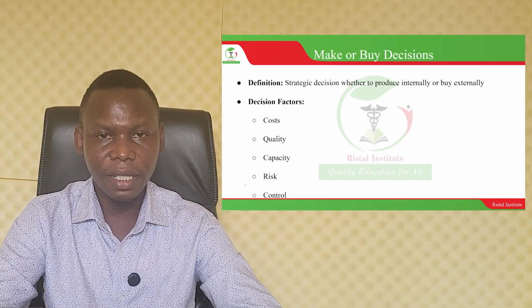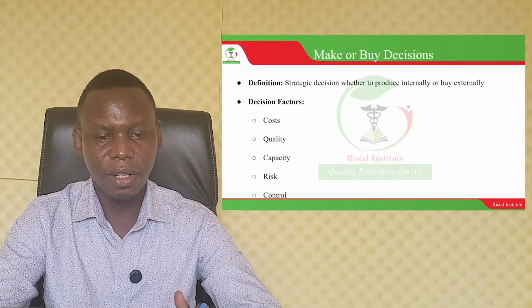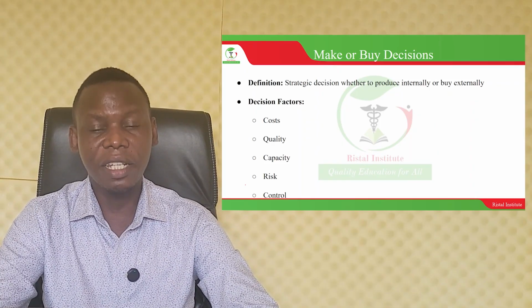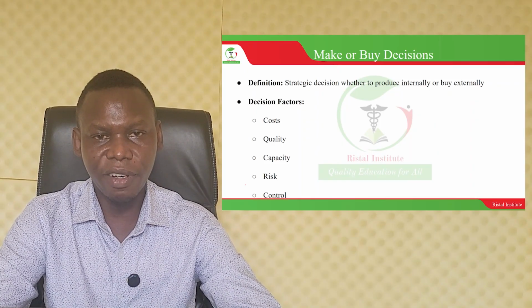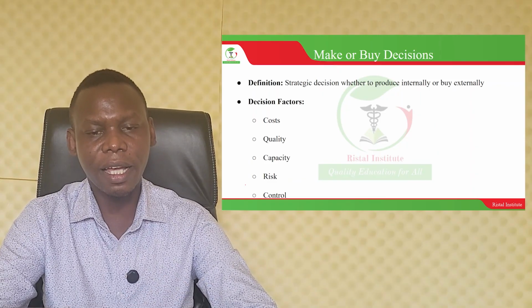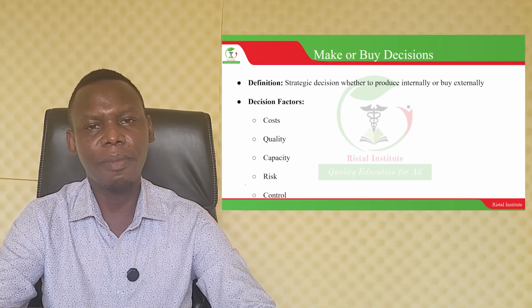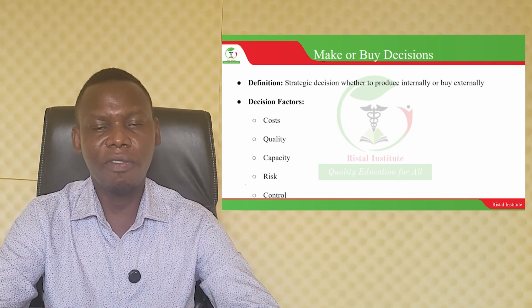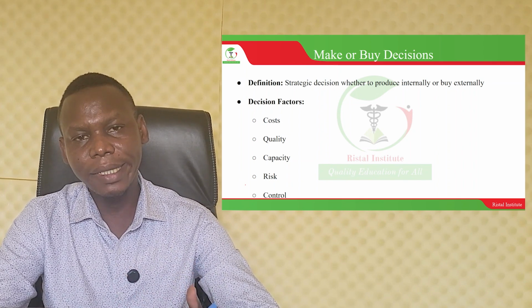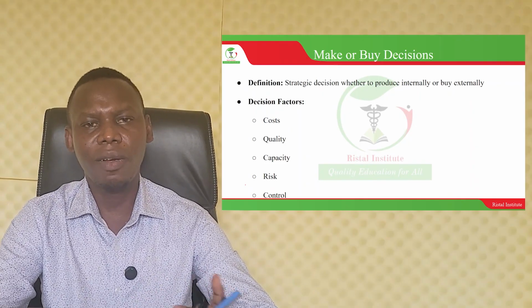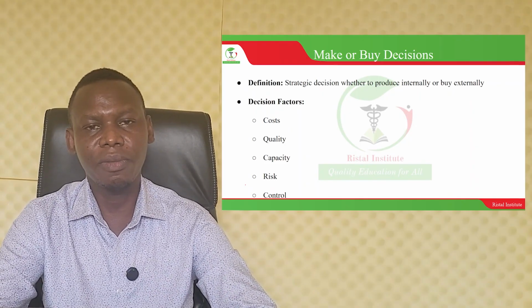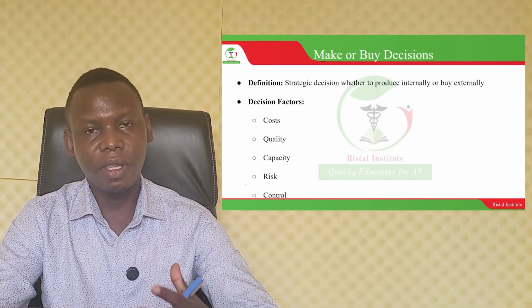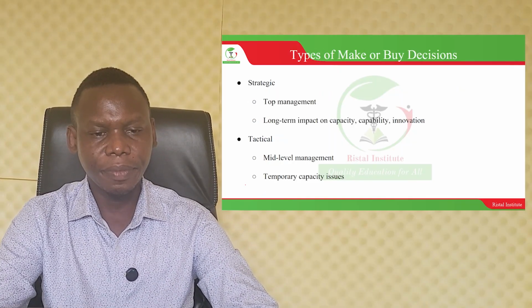The capacity: what is the capacity of the company to be outsourced? The risks that are involved with bringing in another company or buying from a third party. Then controlling. Shall we have control over what we want, or will they have control over what we want? It's a decision to be thought through so that it can be made.